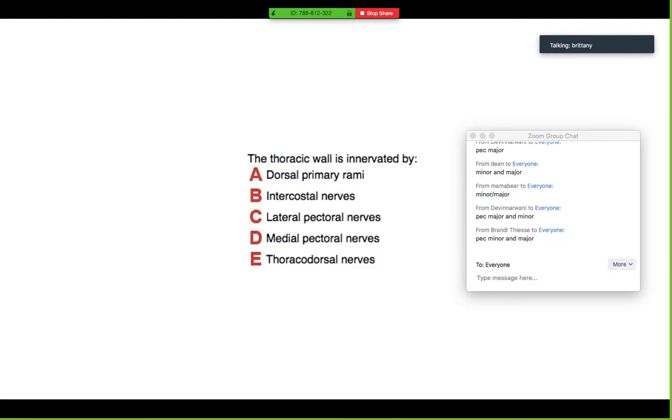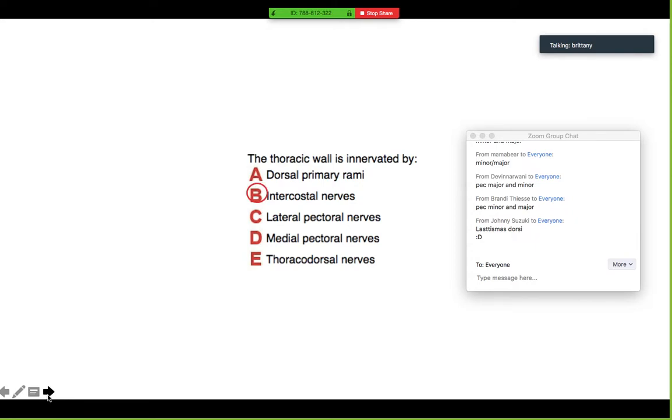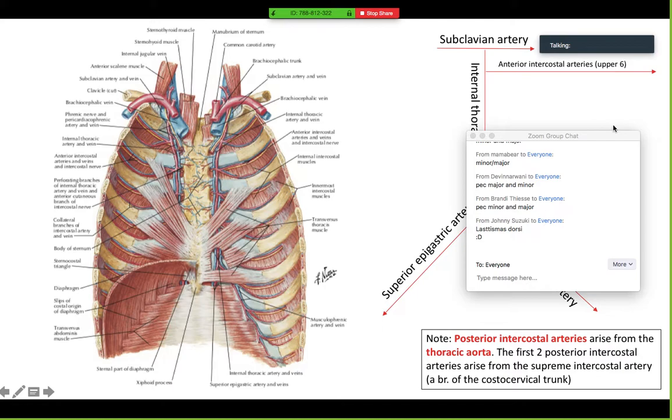I thought I saw Johnny was in here. Johnny, what does the thoracodorsal nerve do? I saw you posting about this on Facebook. Is Johnny still here? Yes. Latissimus dorsi. Okay, so moving on.